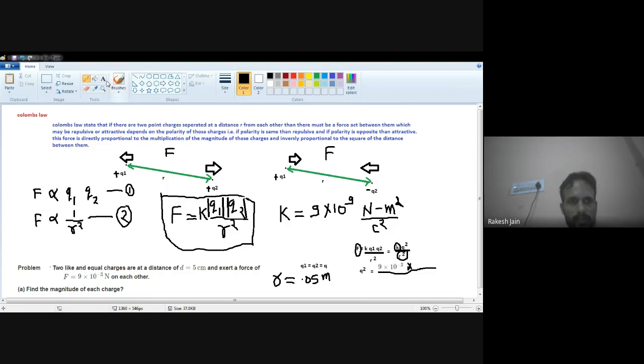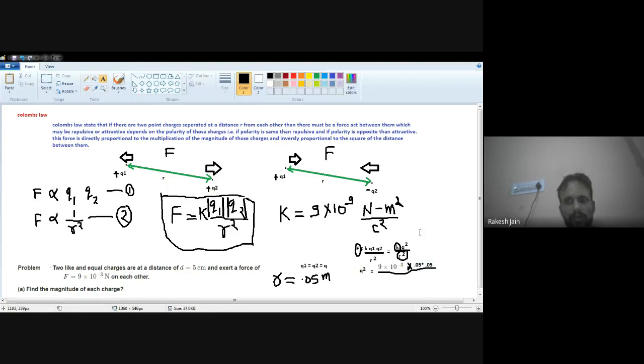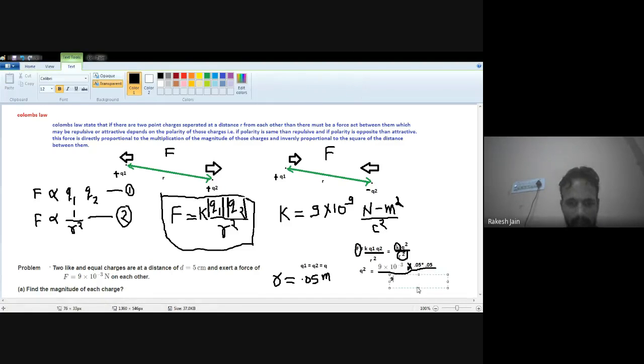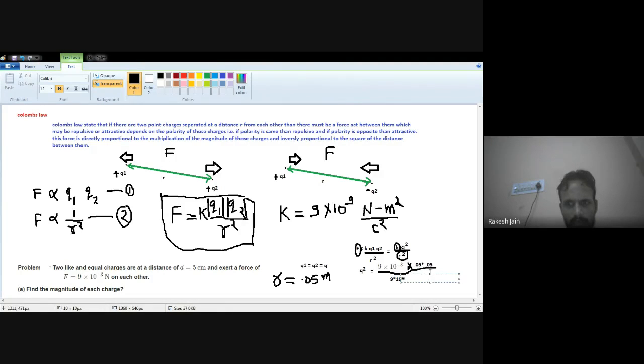So I write 0.05 multiplied by 0.05 for the square term. Now it is divided by K, and K is 9 multiplied by 10 to the power 9.